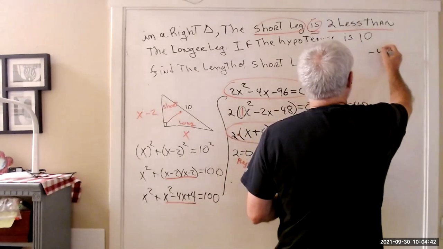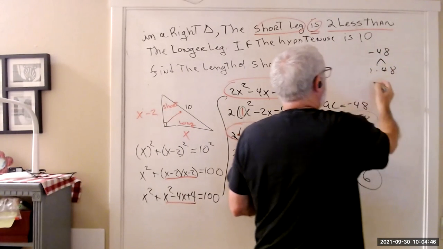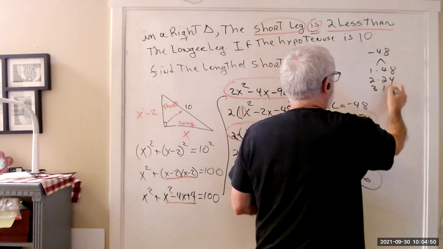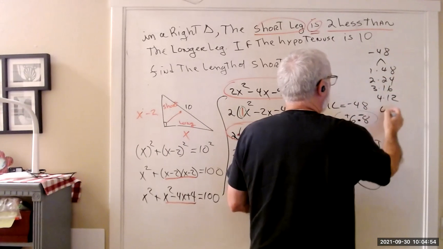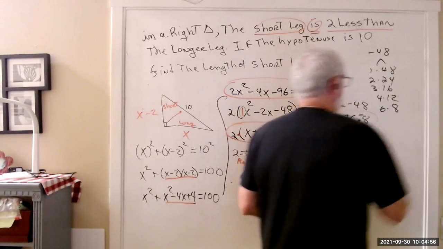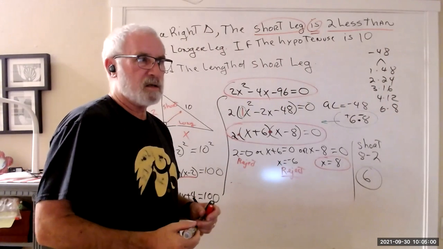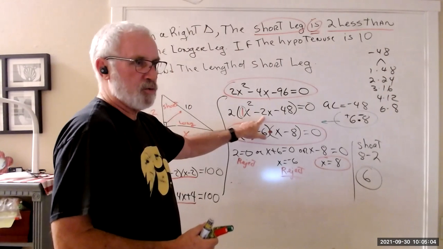When you go negative 48, you think, okay, that could be 1 times 48, 2 times 24, 3 times 16, 4 times 12, not 5, 6 times 8. You just kind of run through your times tables very quickly and see which ones even come close to making a negative 2.